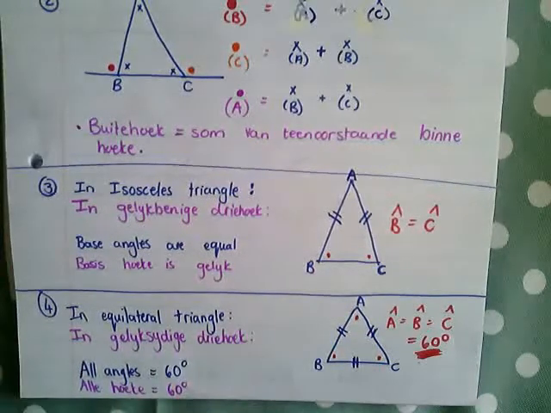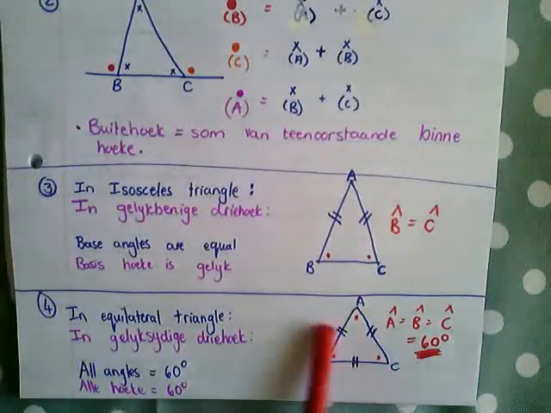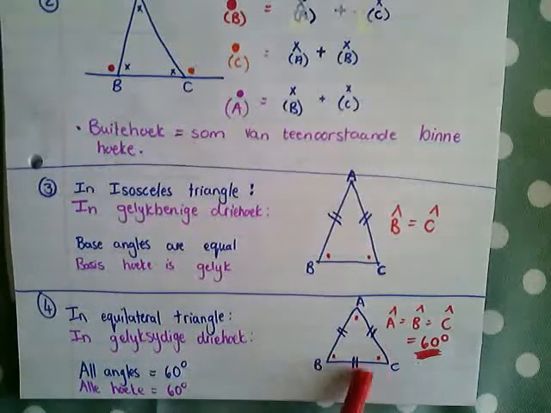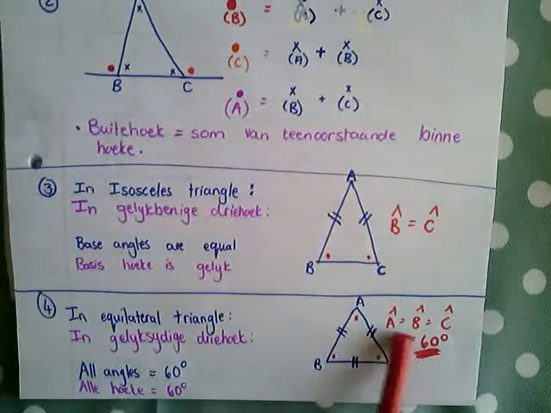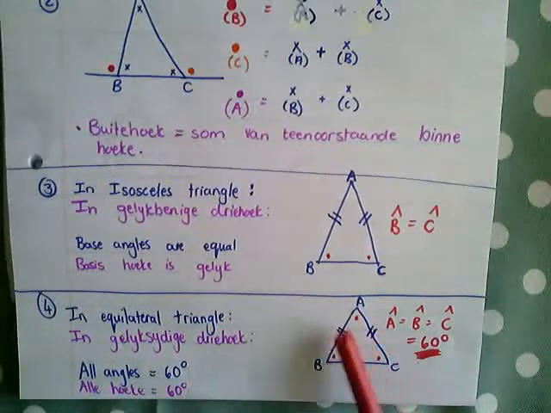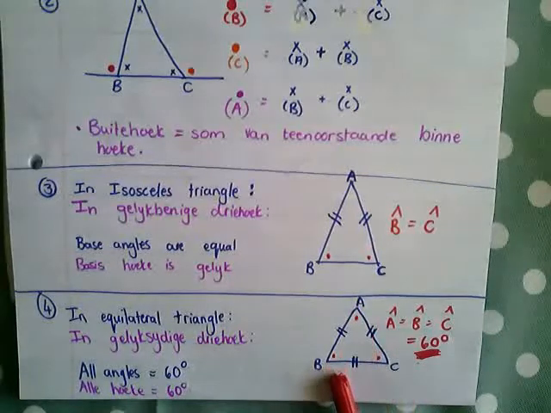Fourth rule, in an equilateral triangle where all sides are equal, 'n gelyksydige driehoek, is 'n driehoek waar al die sye ewe lank is. En in 'n gelyksydige driehoek is al 3 die hoeke ewe groot en hulle is almal 60 grade.